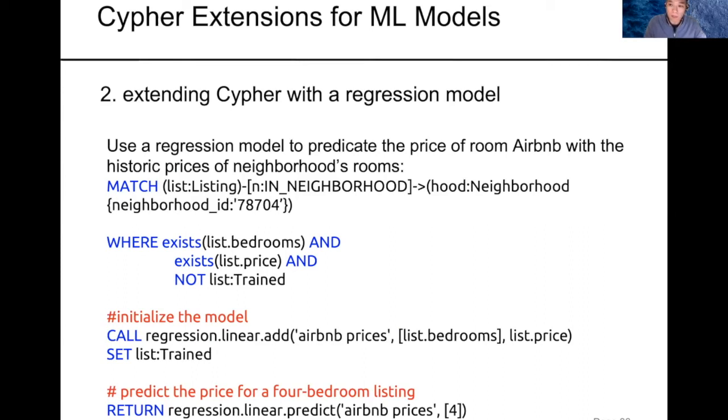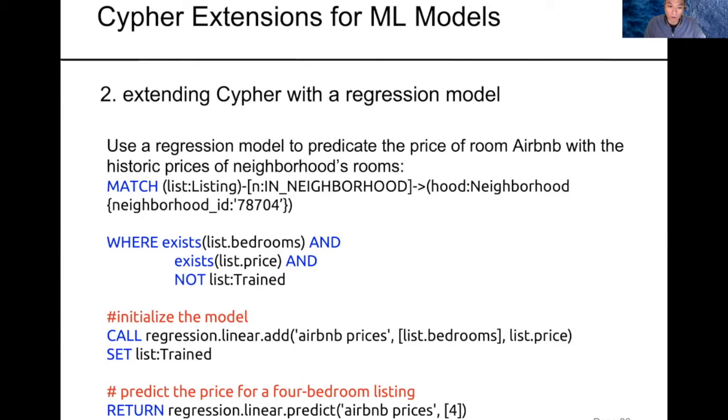In the MATCH clause, we're adding all of the neighborhood rooms to a list, with the ID of the label 78704, and the WHERE clause specifies if the list has bedrooms, or if the list has price and the list has not been trained.